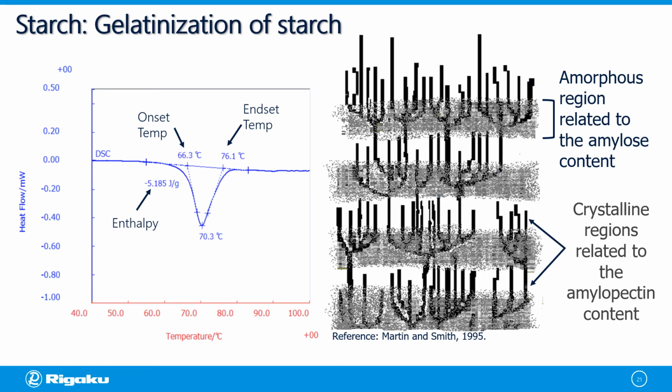On the other hand, the gelatinization end temperature increases as the amount of amylose increases, which is related to the amorphous content of the starch granule. The DSC gelatinization data provides essential parameters which are related to the end-use properties of the starches.